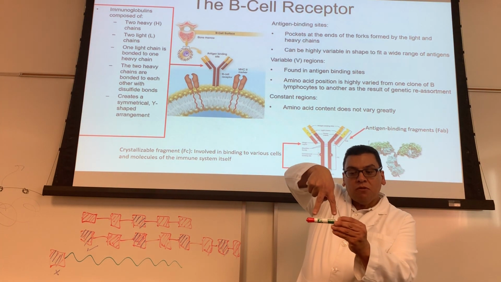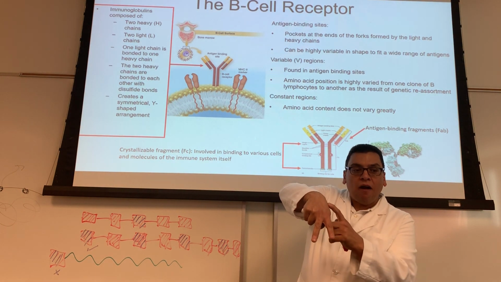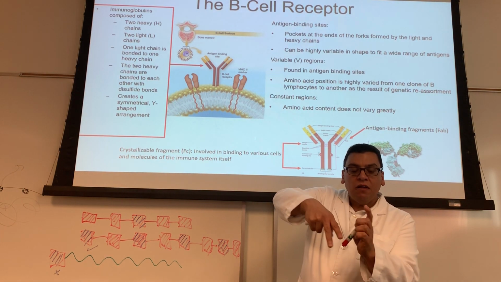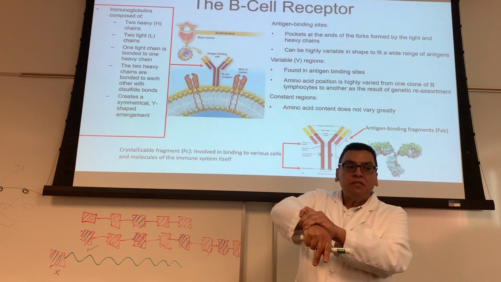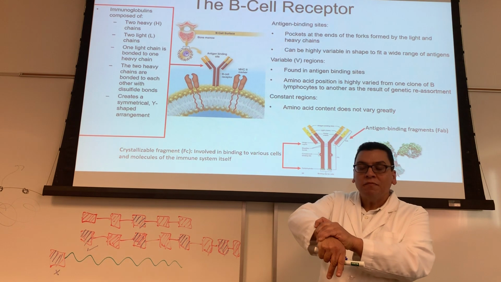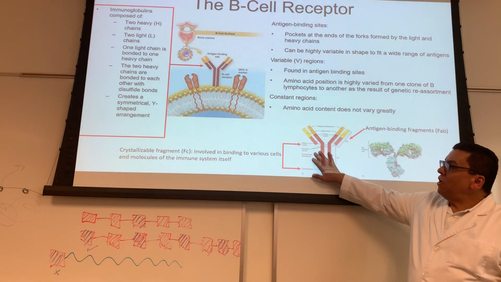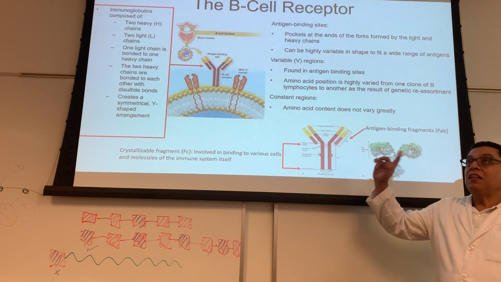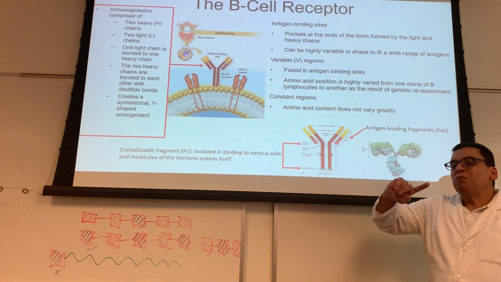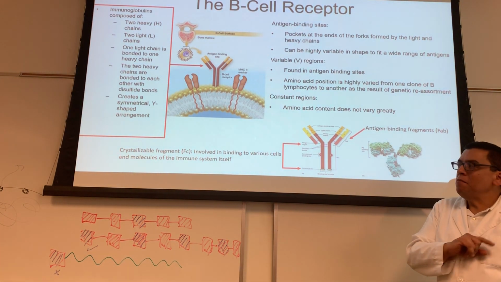The Y-shaped structure is attached to the bacteria and the FC part is sticking out. The C1 protein grabs onto the FC part. So the FC part is used in complement, specifically C1, because the antibody is the bridge between the C1 and the pathogen, the classical pathway.